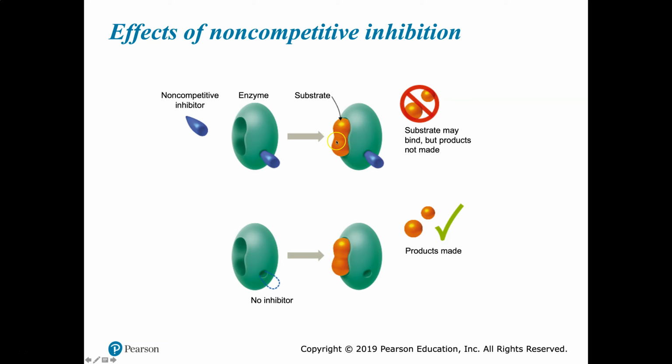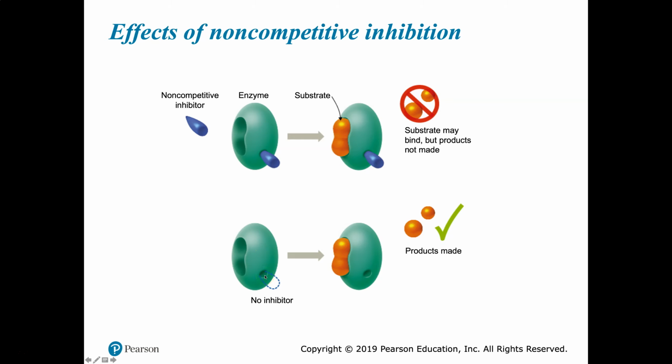The substrate can still bind to the active site, possibly. Sometimes when the inhibitor binds to the allosteric site, the active site changes shape and the substrate won't be able to bind. But even if it does, having an inhibitor at the allosteric site stops the substrate from being worked on.